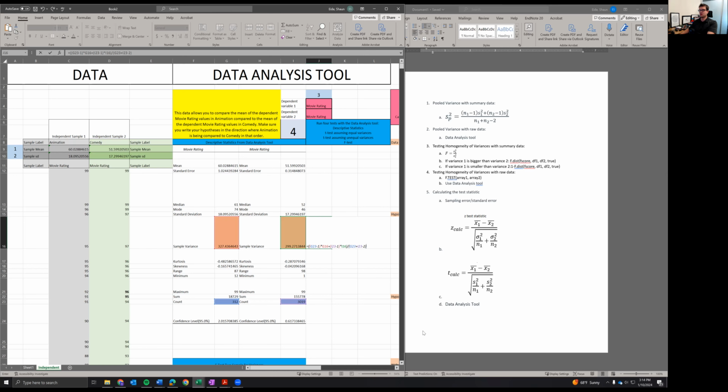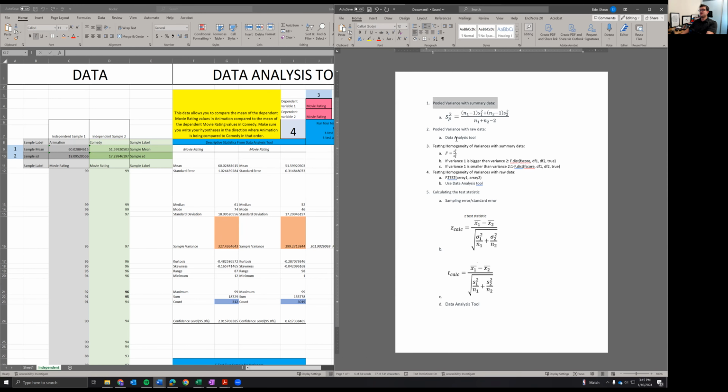Essentially what you've got is the degrees of freedom divided by the degrees of freedom for both samples together. So we took the numerator divided by the degrees of freedom for both of them together, and that gives you the pooled variance with summary data.